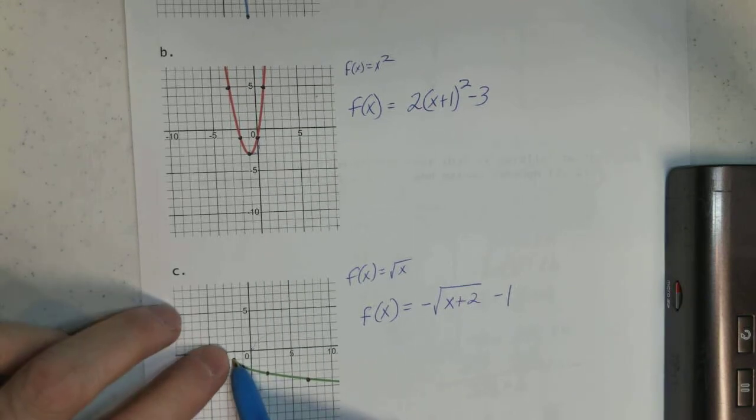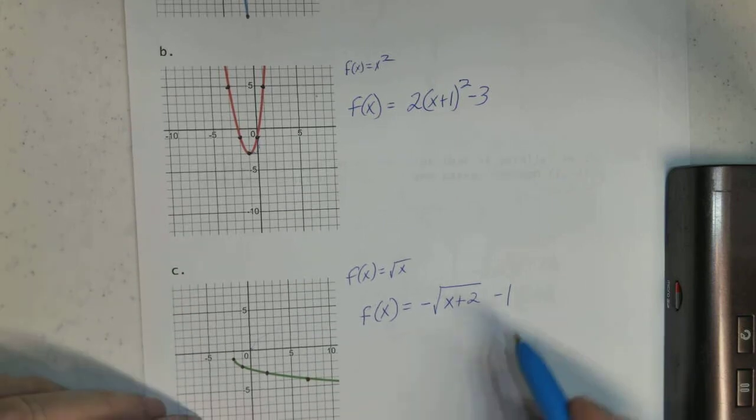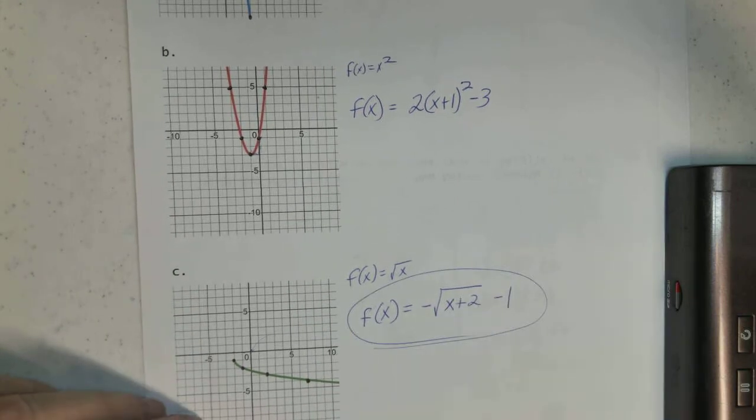And then if I look here, square root of 1 is 1, square root of 4 is 2, square root of 9 is 3. So I think this will get it done for us here.